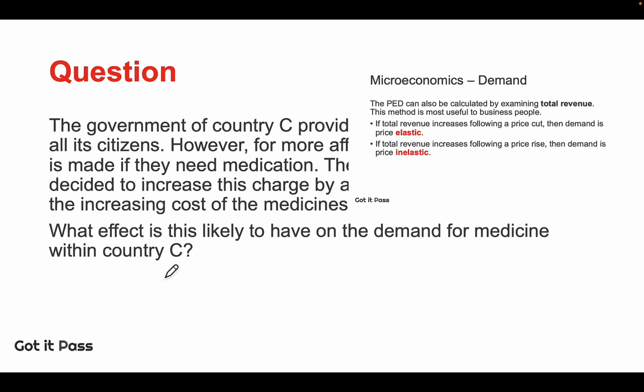If you think total revenue increases following a price rise, then the demand is price inelastic. On the other hand, if you think the price rise would cause total revenue to decrease, then the demand is price elastic. So think about whether the demand for medicine is price elastic or price inelastic.